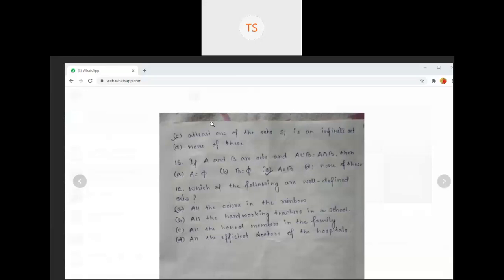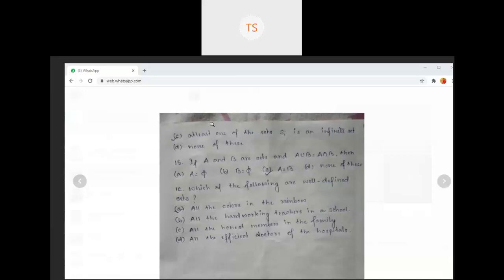Why is it a set? Because a rainbow has some distinct colors, so you can differentiate the colors. VIBGYOR are the distinct colors, so that's why it forms a set. Because the definition of a set is a collection of well-defined and distinct objects. So colors are distinct in a rainbow, and that's why it forms a set.